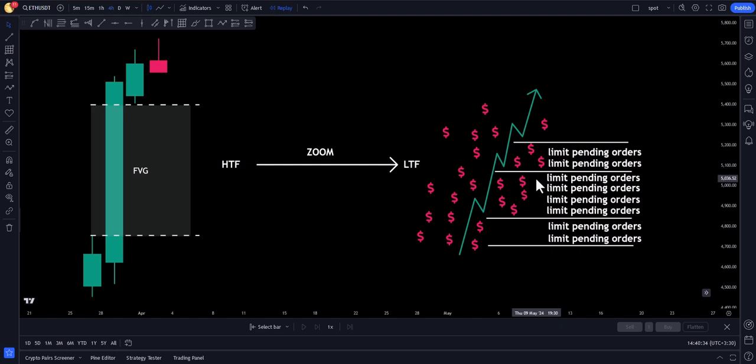This creates an imbalance between buyers and sellers, which we see on the chart as a gap. This area becomes a liquidity pool. As we know, market makers are always looking to grab liquidity, which is why we say that in most cases, the market will retrace to fill those gaps.